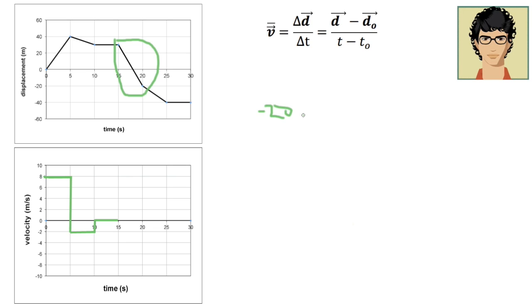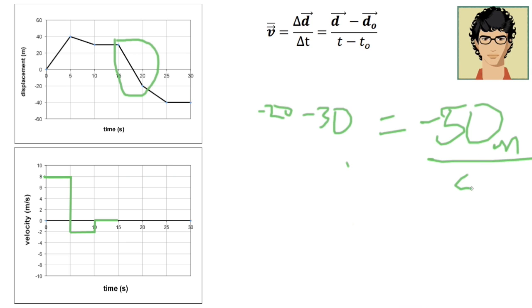So what we have here is negative 20 minus 30, which is negative 50 meters over 5 seconds, for a velocity of negative 10 meters per second. If we draw that out, it's going to look like this. At 15 seconds, we change our velocity to negative 10. So it's at negative 10, a constant velocity because of the constant slope.